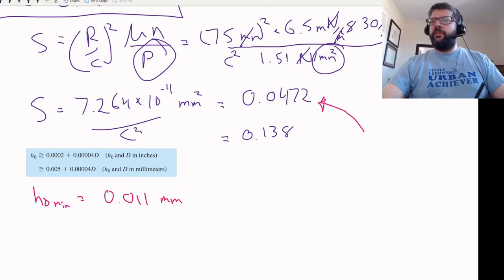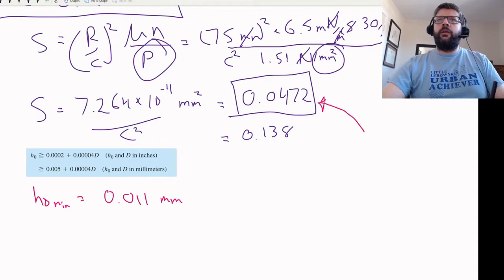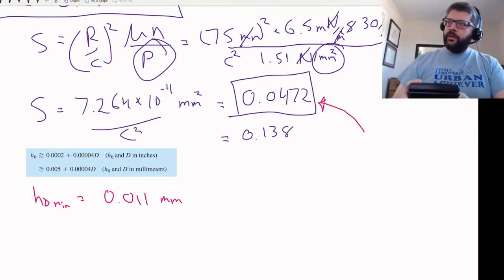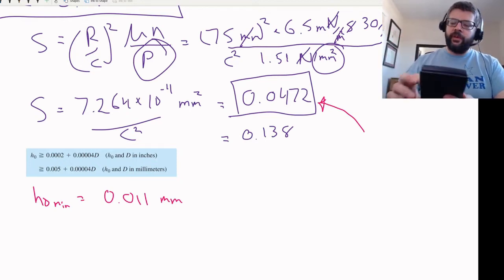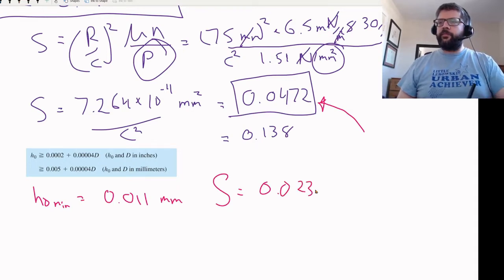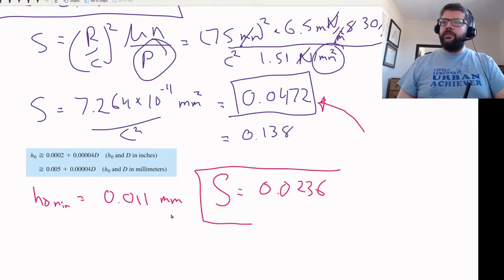So in a condition where we have our S equal to 0.0472 divided by 2, that would have an S of 0.0236. And we want this to correspond to an H naught larger than this.